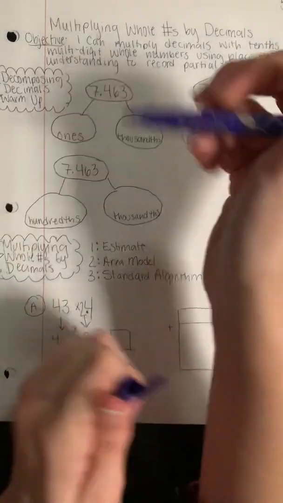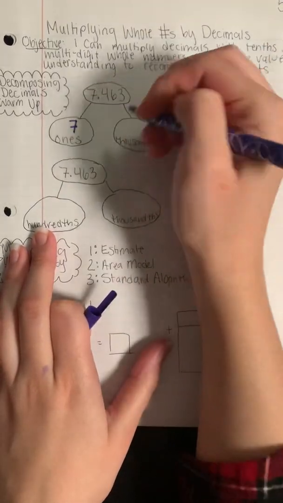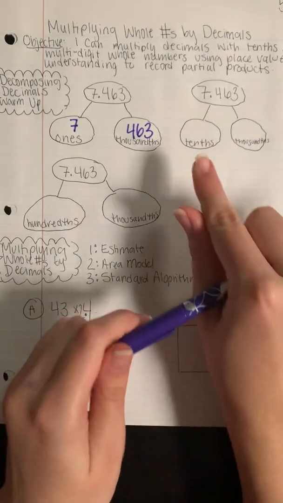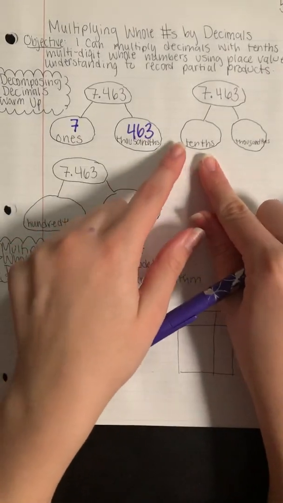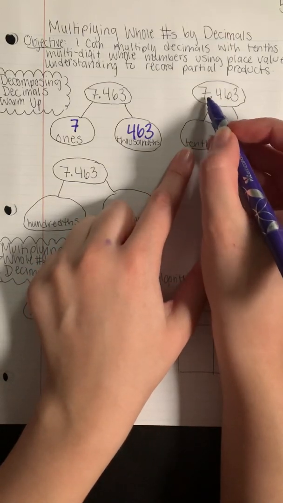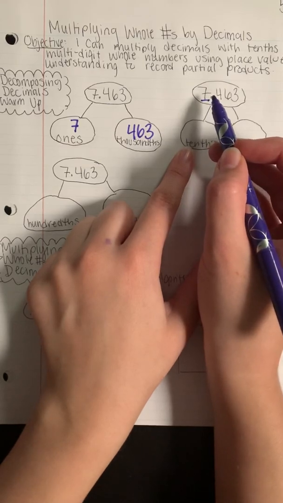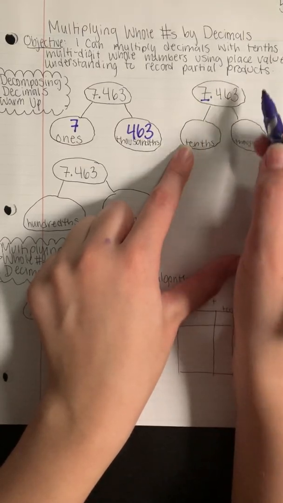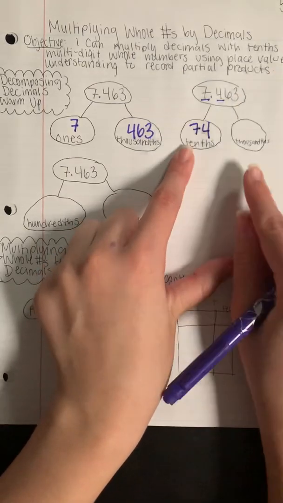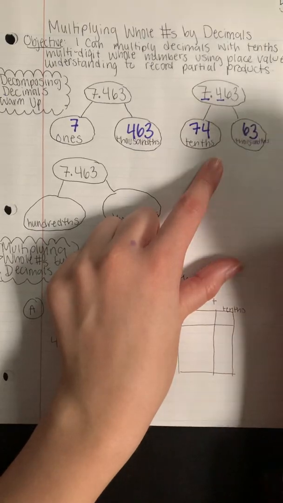This one's easy. That's 7 ones and 463 thousandths. If I wanted to break it up into tenths and thousandths, I would have 7 whole pieces, and that would really be 70 of those tens rods plus 4 more, so that's 74 tenths, and I'm left with my 63 thousandths.